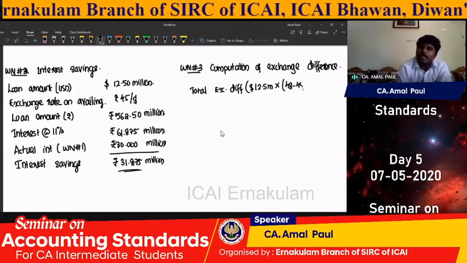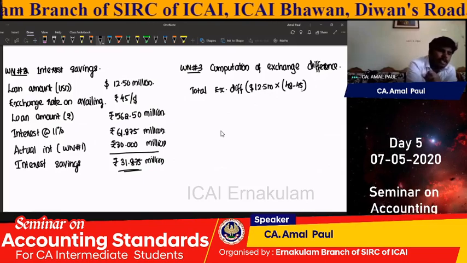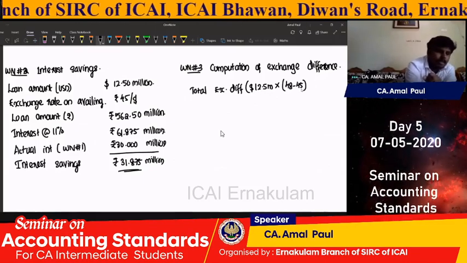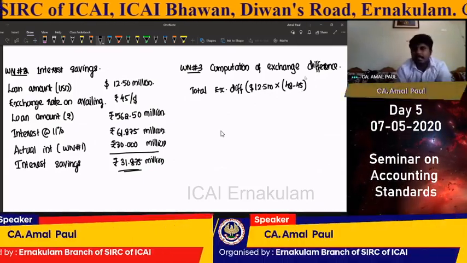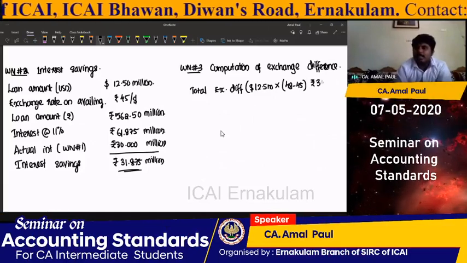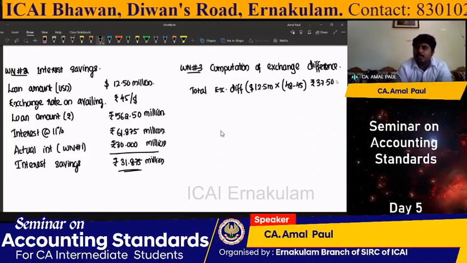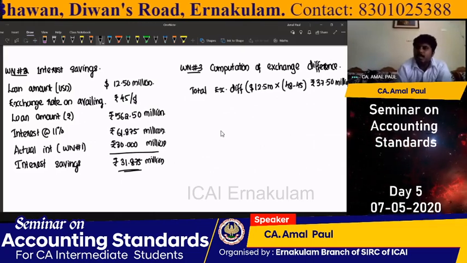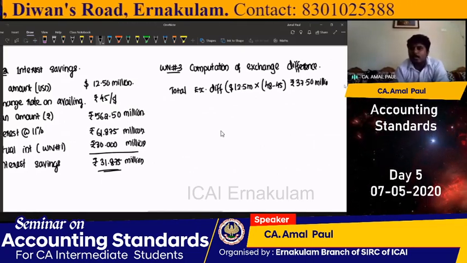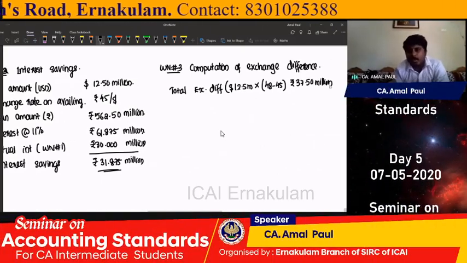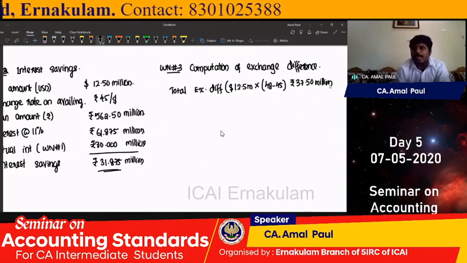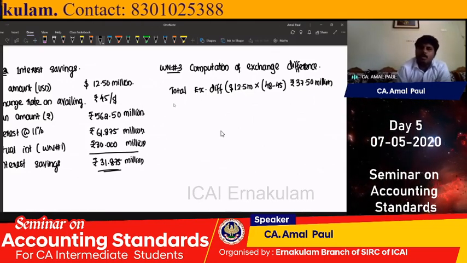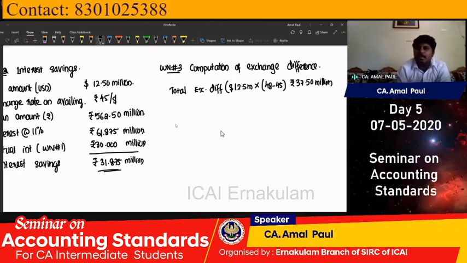So your exchange difference will be 12.5 into 3, that is nothing but rupees 37.50 million.